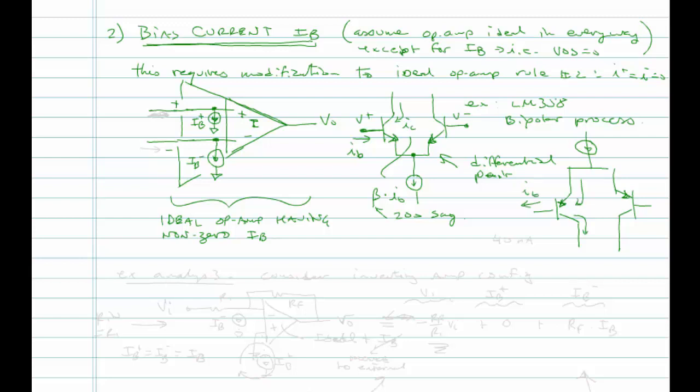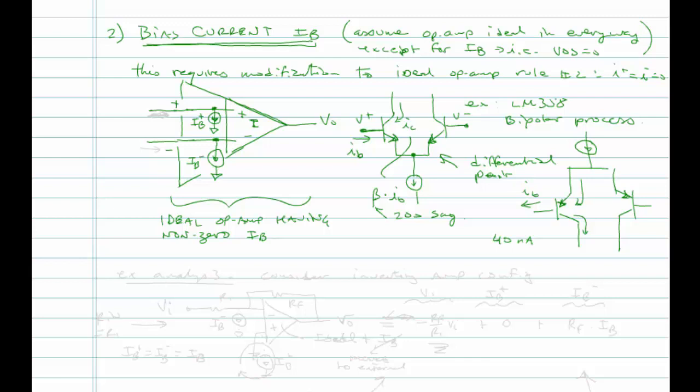So when we talk about bias current on an op-amp, the polarity of the bias current is never specified. If you look up the data sheet for a particular op-amp and it says typical bias current, or maximum bias current at room temperature is 40 nanoamps, they're not going to say plus or minus 40 nanoamps.